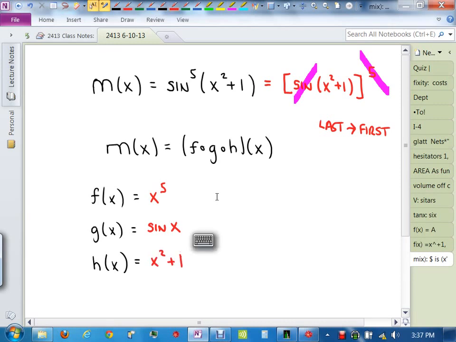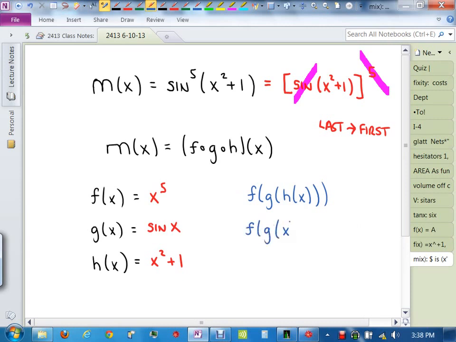So how would we check it? We take h and plug it into g. Let me write down over here, f of g of h of x. H of x goes in here, so it becomes f of g. I'm just checking right now.